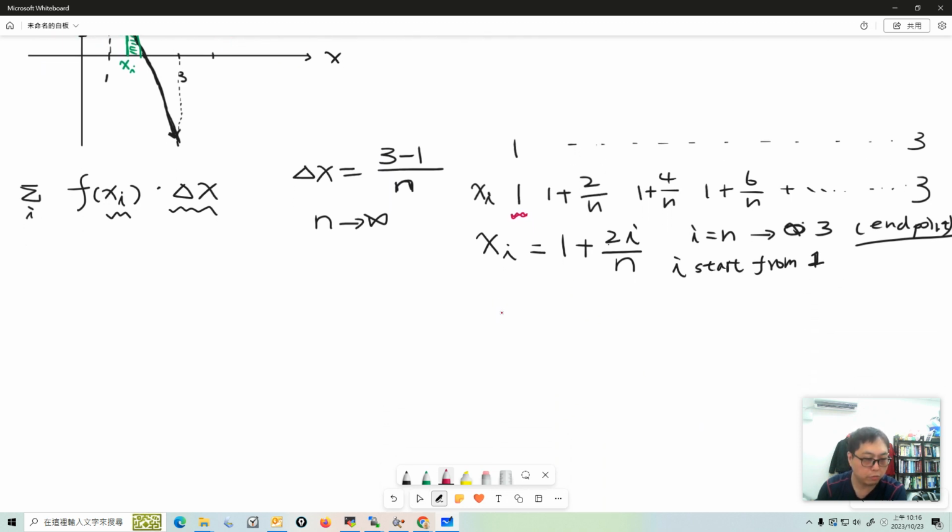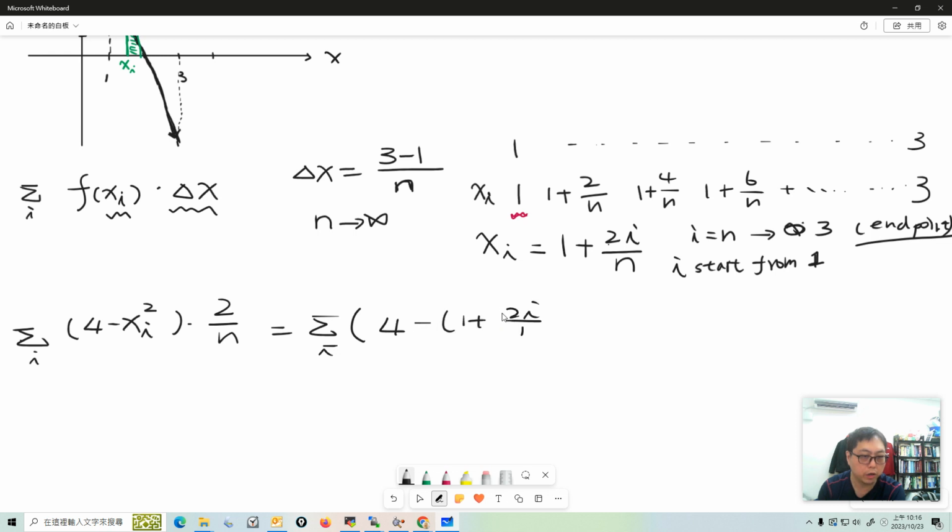When we do the summation over i, f of xi is 4 minus xi squared, times delta x, where delta x is 2 over n. Since xi is 1 plus 2i over n, we have the summation over i of 4 minus (1 plus 2i over n) squared, times 2 over n.